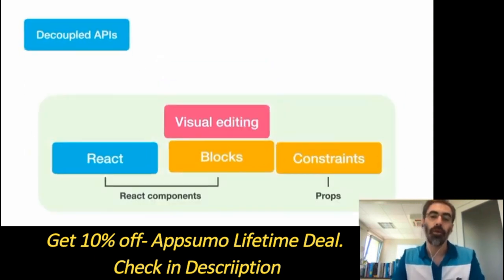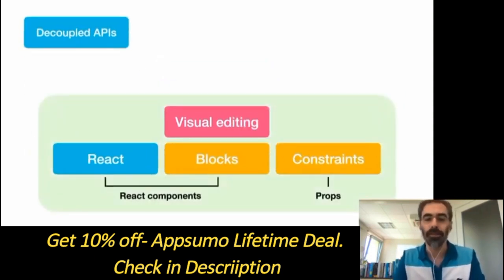And well, if we rearrange these blocks, we see that React and blocks go very well together. They're just React components, and the constraints can be set using the props of our components.